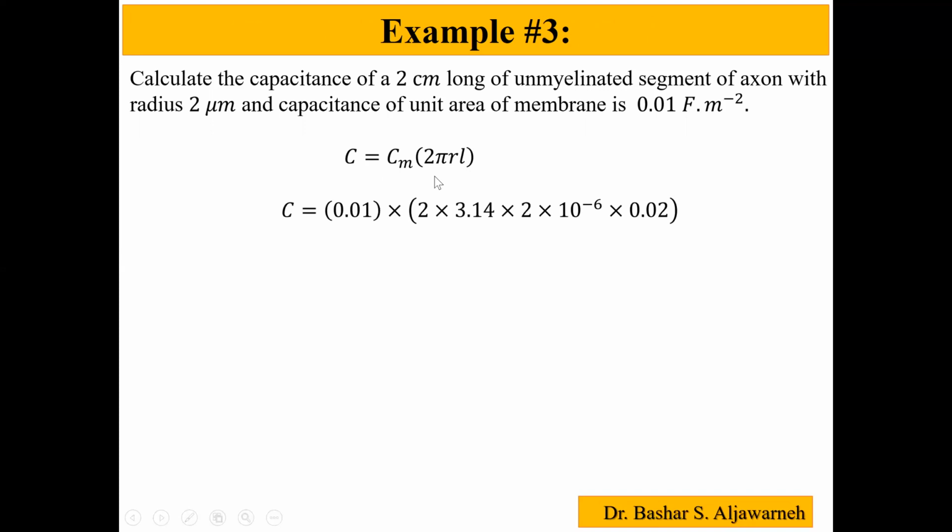Plug the numbers, then you will get C equals 2.5 nanofarad. In other words, we consider the axoplasm and the membrane as a model, and we model it using a cylindrical wire.